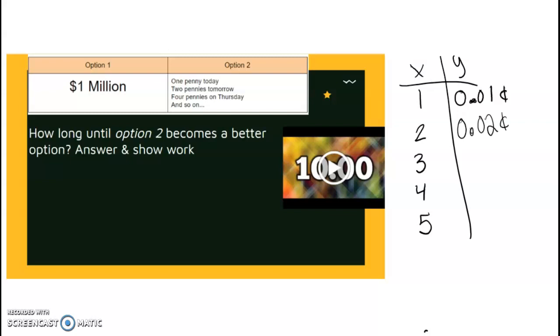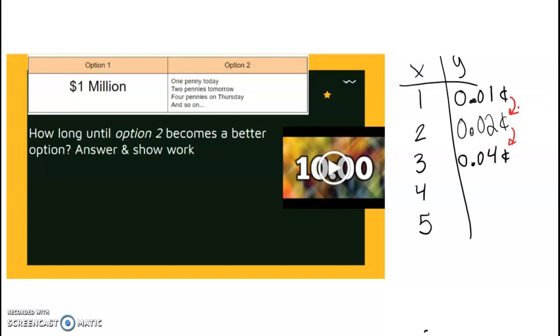On day 3, I gave you 4 pennies. And on day 5, how much do you think I'm going to be giving you? Well, I can see that there's a pattern here. It's not increasing by 2, it's actually multiplying by 2. So each day I'm giving you times 2 cents. So again, I multiply times 2.